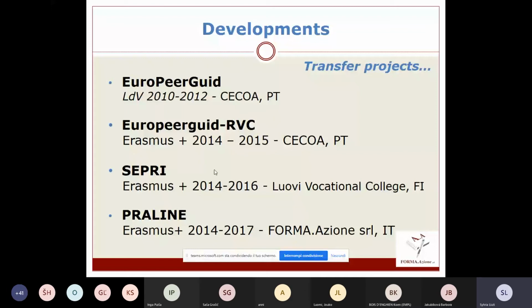And then comes Praline. It comes, I say, because it was the project we led in the new Erasmus Plus programming period, focused on how to adapt the peer review methodology to the adult learning sector. So once again, we tried to use this quality assurance methodology for a sector where no criteria, indicators, and tools were developed until then.